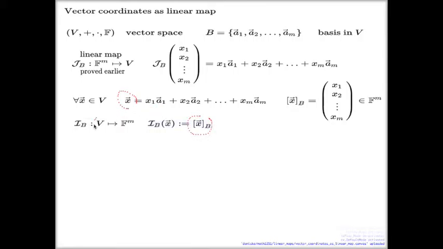We took a vector from V and constructed an m tuple. In fact, it's not just a map. It's a map which acts in reverse to this J map. If you take an m tuple, build this linear combination and then apply the I map, it will do the reverse action. So I sub B is the inverse map for J sub B, and the other way around, J sub B is the inverse map for I sub B.